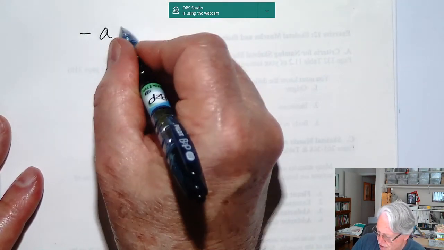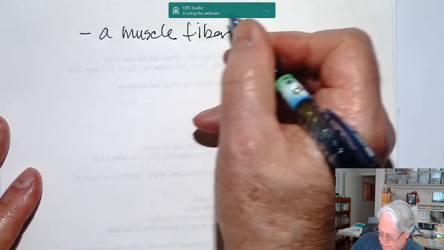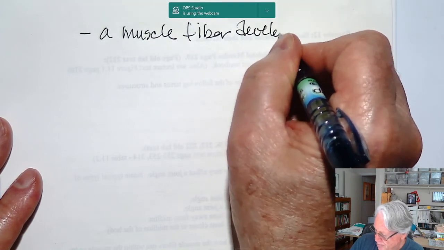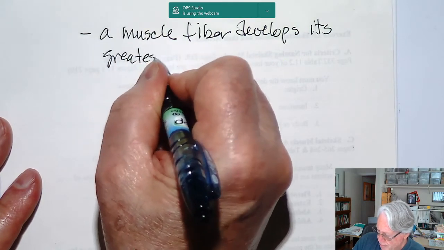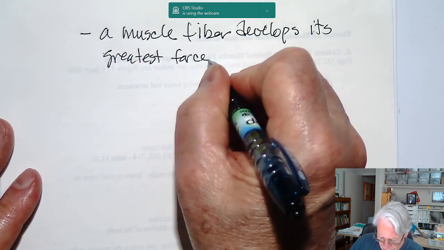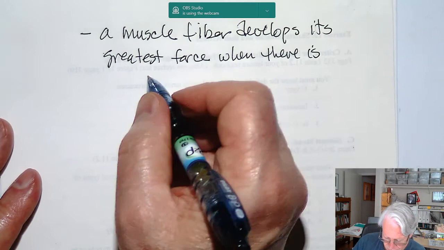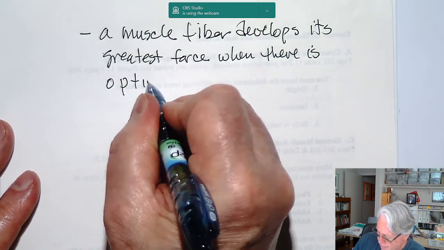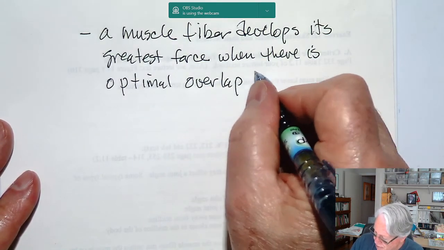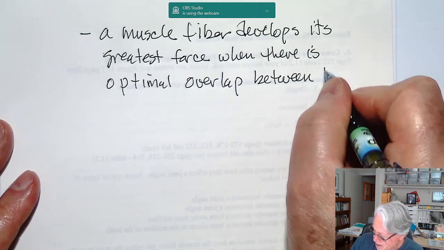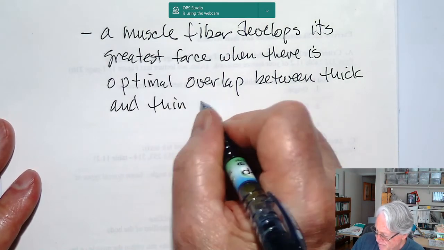A muscle fiber develops its greatest force when there is optimal overlap between thick and thin filaments.